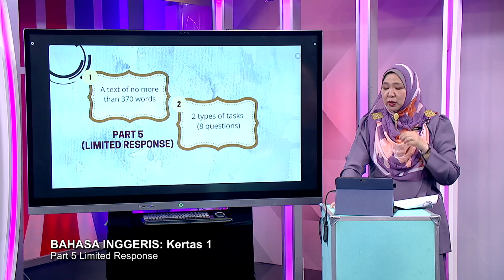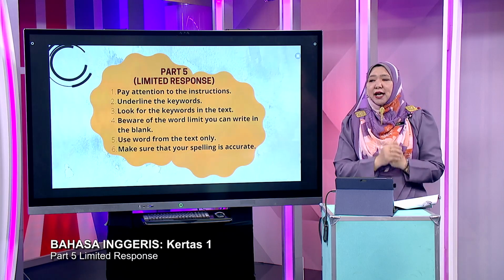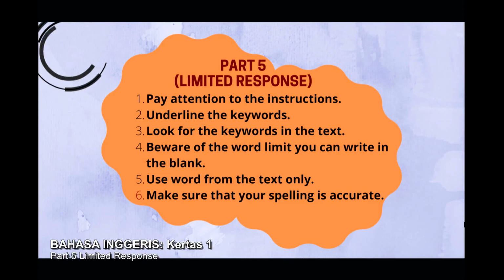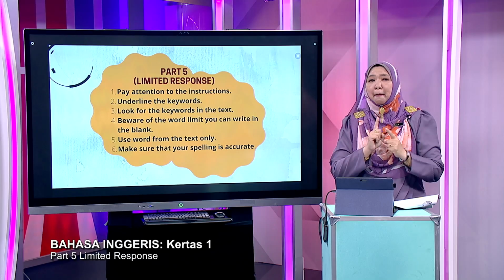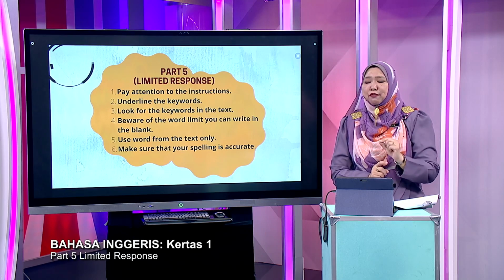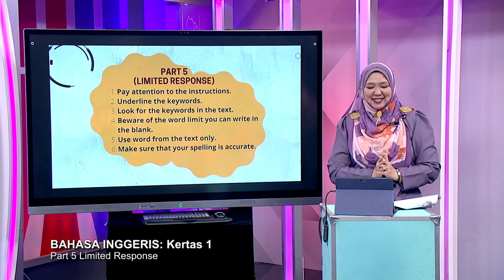So how are we going to go about it? First and foremost, pay attention to the instruction. For example, before this, we have part 1, 2, 3, and 4. It's very easy. 1, 2, 3 is MCQ, so you just circle the correct option. For gap text, you choose the correct answer or options. For this one, please pay special attention to the instruction because both tasks have different instructions.